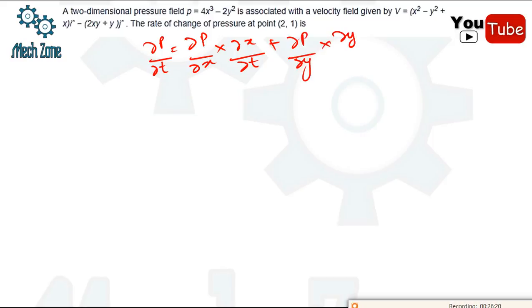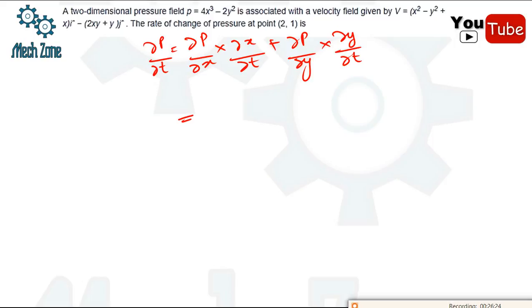The rate of change of pressure at the point (2, 1). Now for the rate of change of pressure, that is del P upon del T, we have del P upon del X into del X upon del T plus del P upon del Y into del Y upon del T.